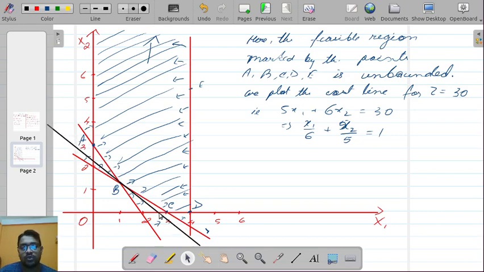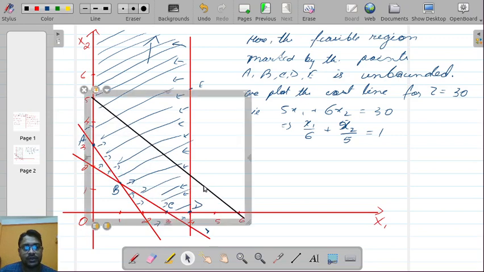There are no other points below B. At this position it is nearest to the origin and lies inside the feasible region. If it is somewhere here, it is not nearest, because I can move it towards the origin again. So when it passes through B, it is nearest to the origin.